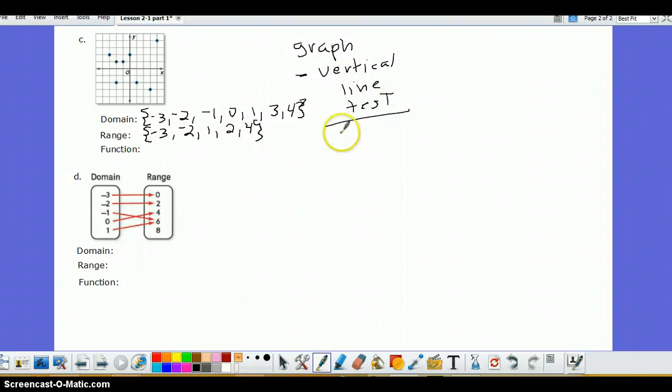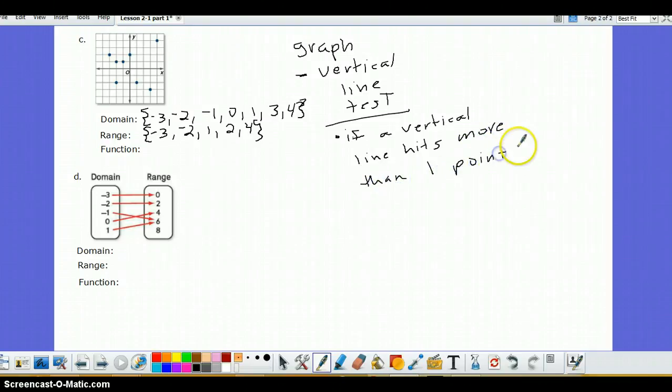Okay, the vertical line test is if a vertical line hits more than one point on a graph, it is not a function.